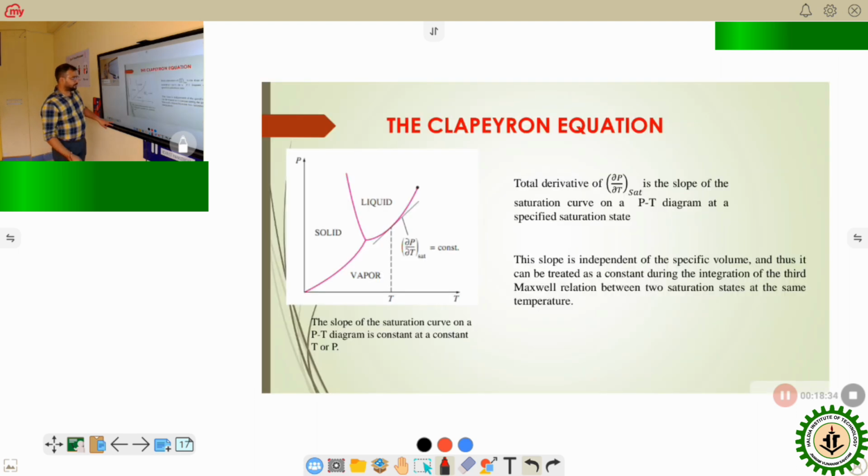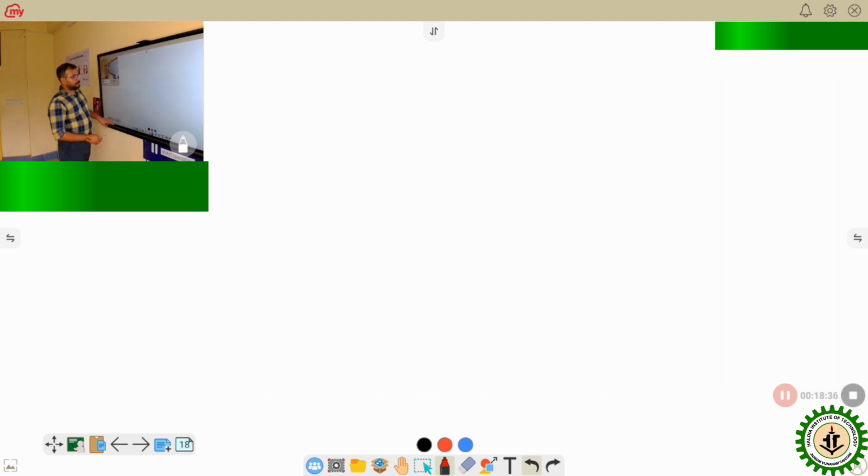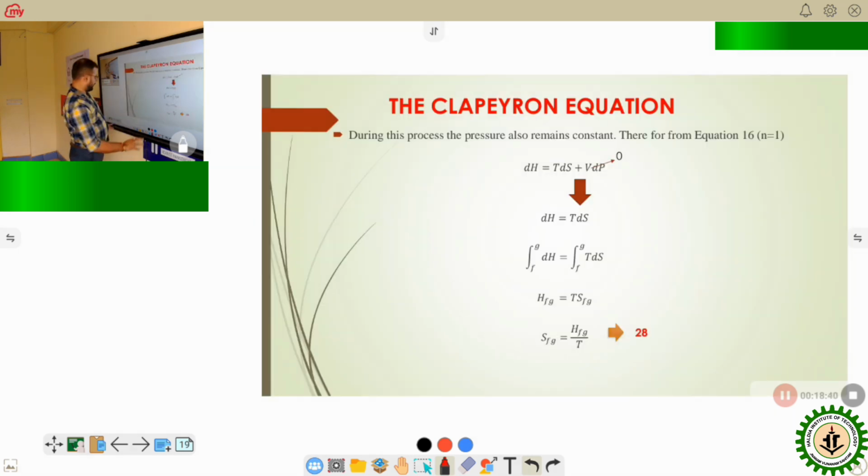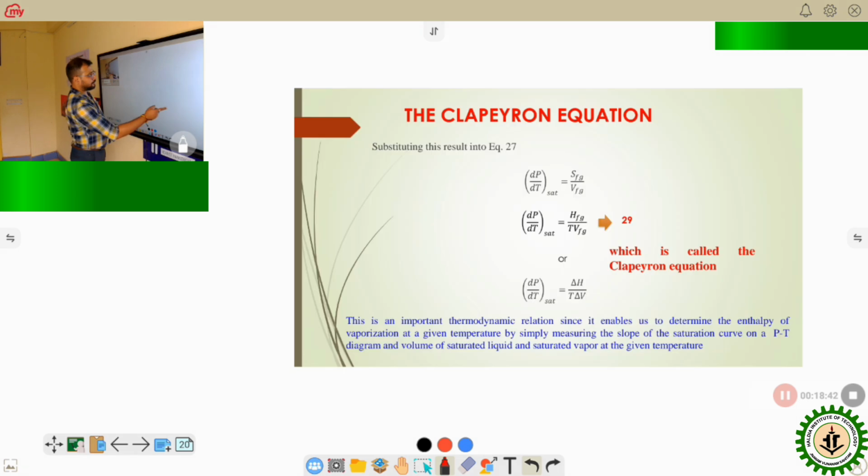This equation is known as the Clapeyron equation: del P by del T at saturated condition, as we are considering the phase change operation, equals enthalpy change divided by T times change in volume.